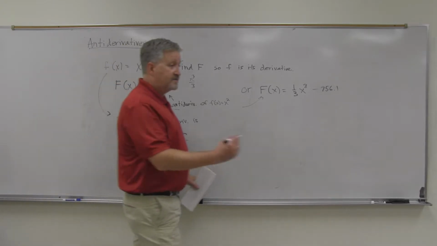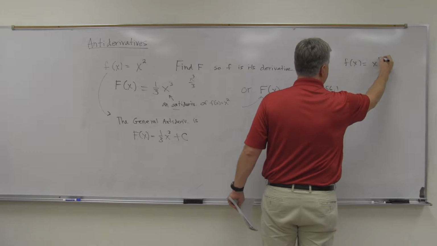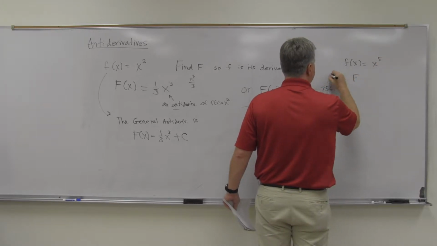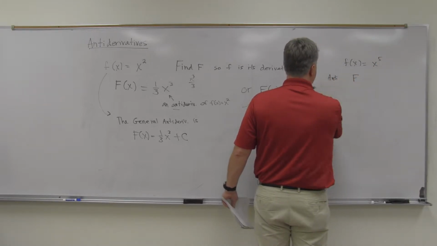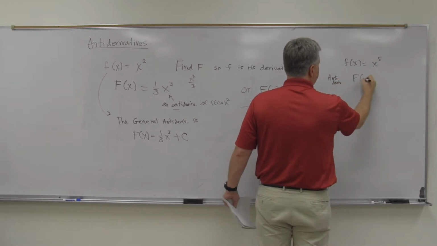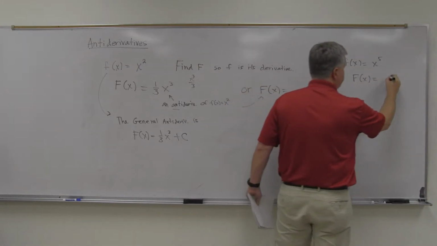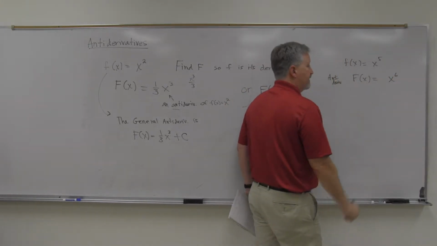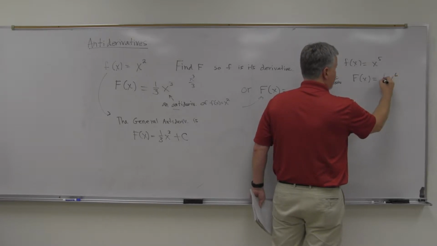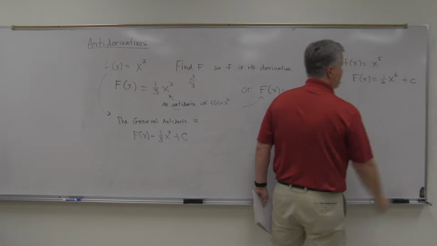So if I have f of x equals x to the 5th, then the antiderivative big F of x would be, I do the opposite. I add 1 to get the new power, divide by that new power, and then add the plus c.